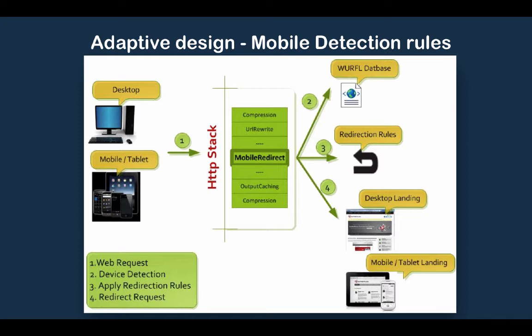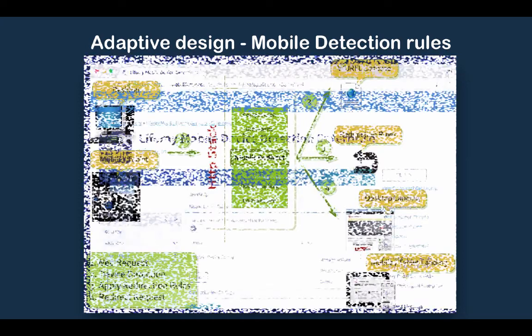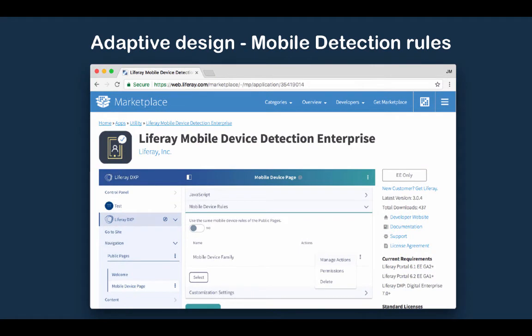Then the server query a big database of devices capabilities like screen sizes, standards, specific hardware feature, and depend on those capabilities, the server return back a specific version of the web page to that device. Liferay provide mobile detection rule to help you achieve adaptive design if you want. I will show you later in the demo how you can build mobile website using mobile detection rules.